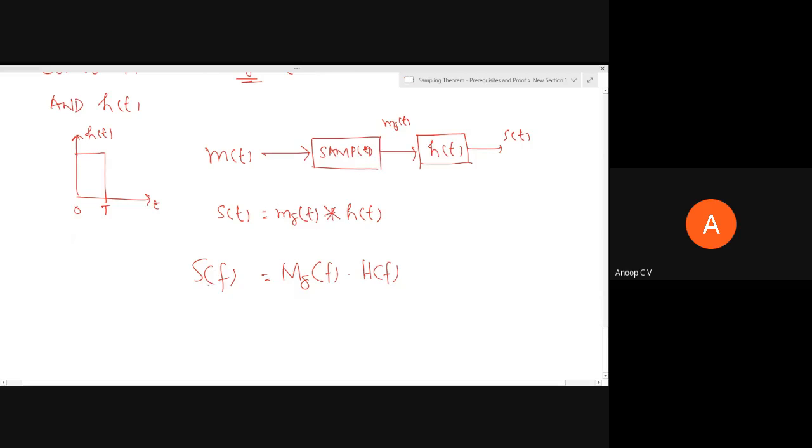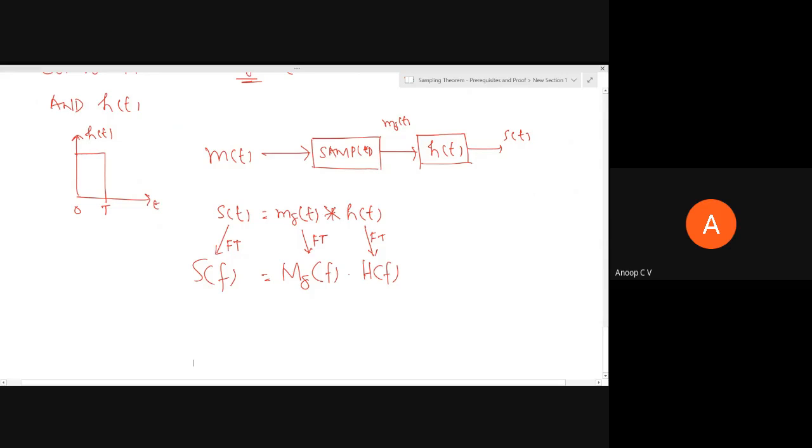Here S of f is the Fourier transform of s of t, that is our PAM signal. M delta of f is the Fourier transform of m delta of t, and H of f is the Fourier transform of h of t, or the transfer function of this particular filter.